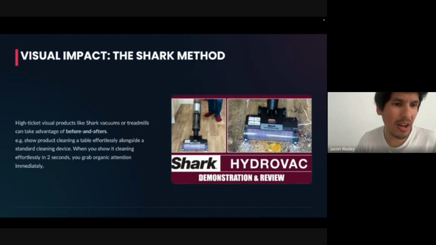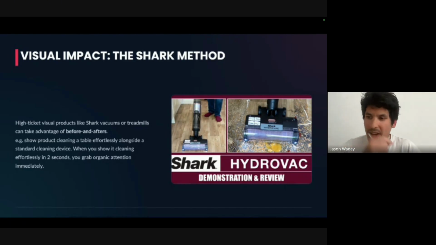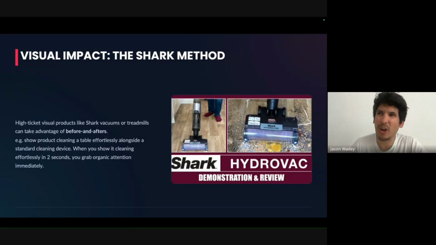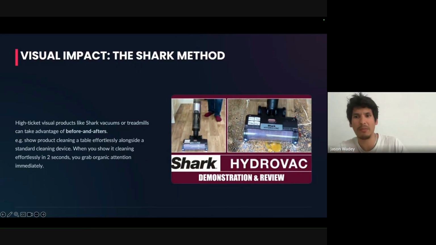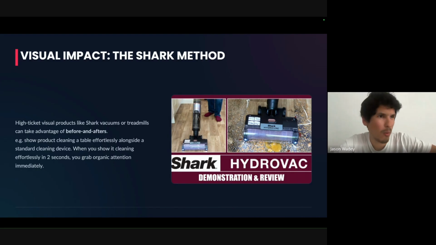The good news is that for anyone selling high ticket products, you're joining TikTok at a more exciting stage, I think, because I remember 2-3 years ago when working with TikTok, it was incredibly difficult to find higher ticket products. I never used to find, for instance, vacuum cleaners, TVs, whatever, on TikTok Shop, simply because no one was promoting that way. It was a lot more just impulse purchases.